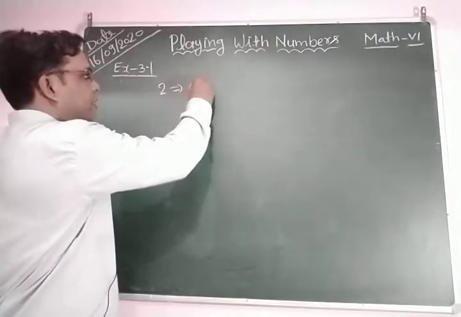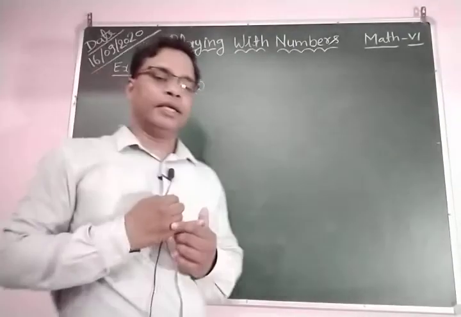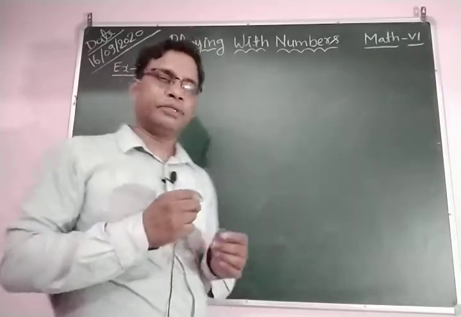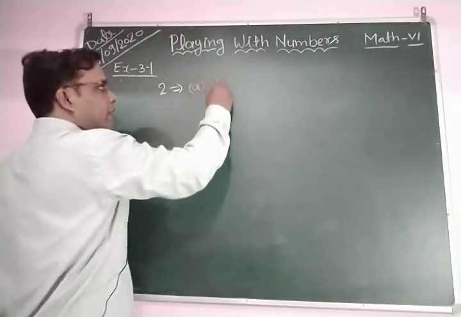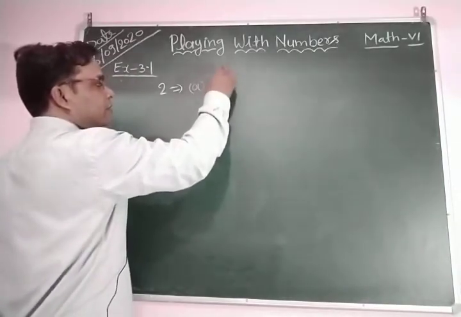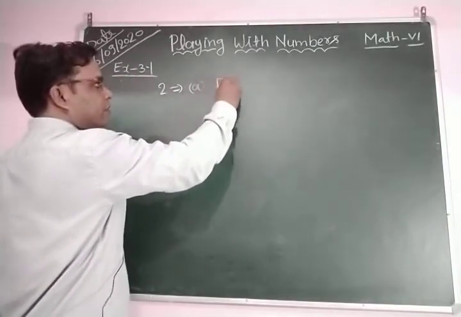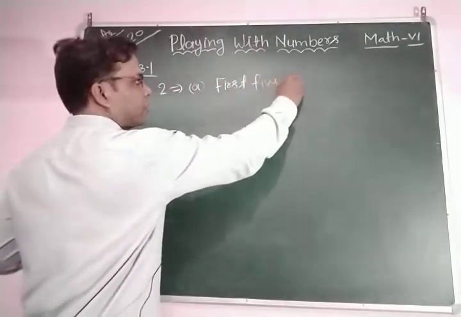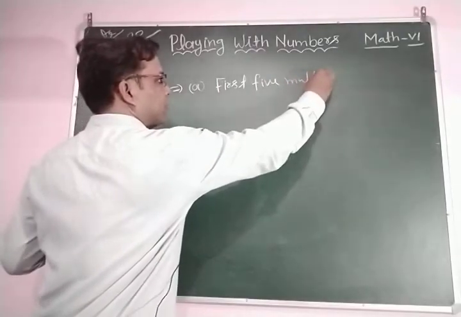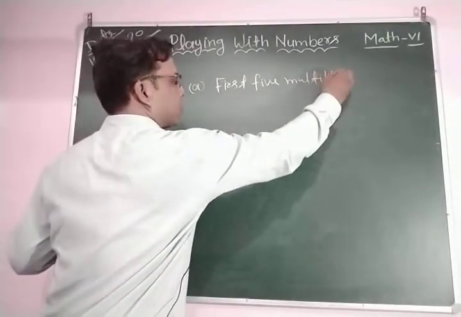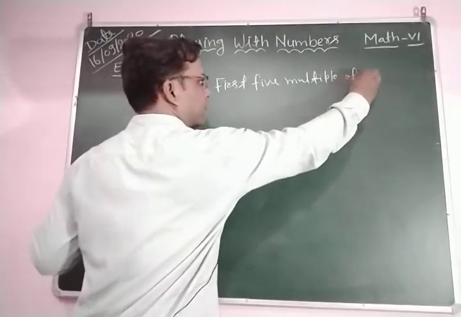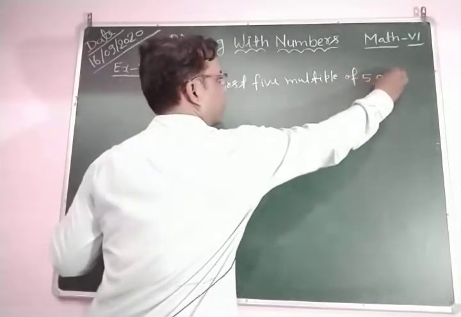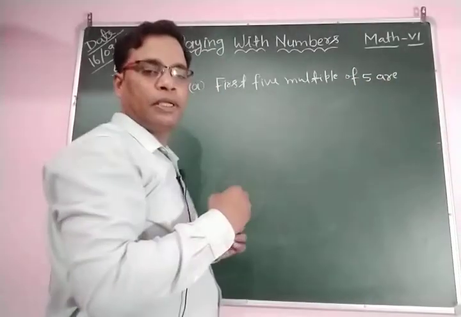So part A, in part A we are given 5, you need to find the first 5 multiples of 5. So let's see how to find the first 5 multiples of 5.